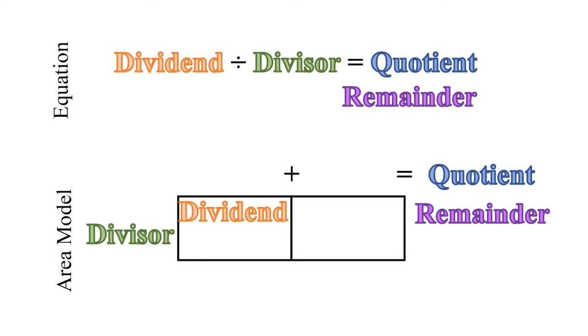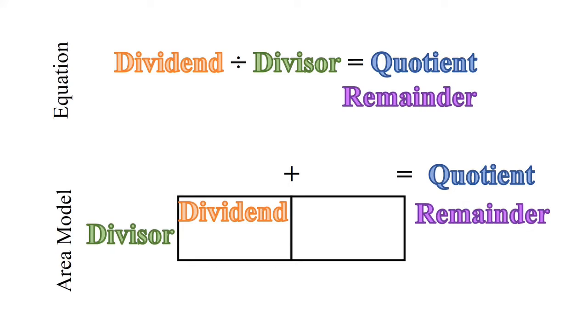How it transfers into area model is it looks very similar to long division, in that the divisor is on the outside, the dividend is inside the box, and you add up what is going to be your top numbers to be your quotient, and then anything that's left over is the remainder. I'll go over an example here in a short moment.